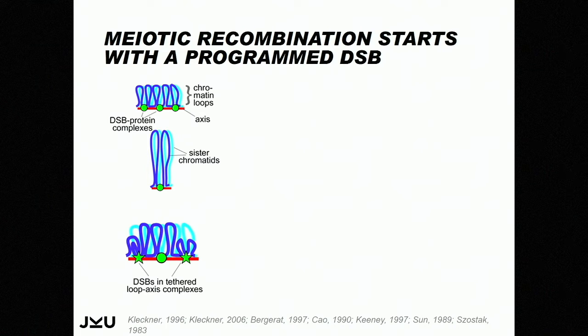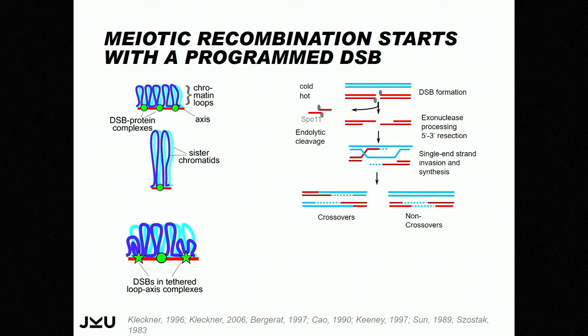You have this double-strand break machinery associated to the axis, and the breaks themselves happen in the loop. So there's a very complex process that brings the loop into the axis, and we call this loop axis tethering, that was already described in the 90s by Nancy Kleckner. And it's only this loop tethered to the axis where you have this double-strand break.